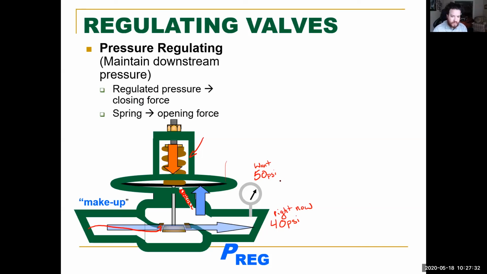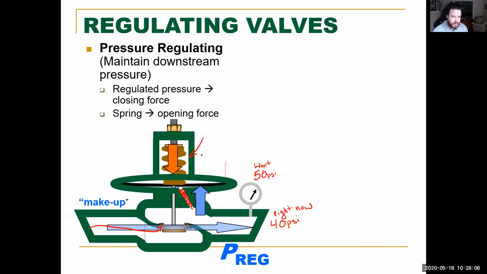So if we want 50 PSI, once we achieve 50 psi, that's what we want. So the regulating pressure is going to be closing the valve. At 40, the pressure is less, so it opens the diaphragm less, which pushes the valve open more, so it lets in more fluid, which raises the pressure up.